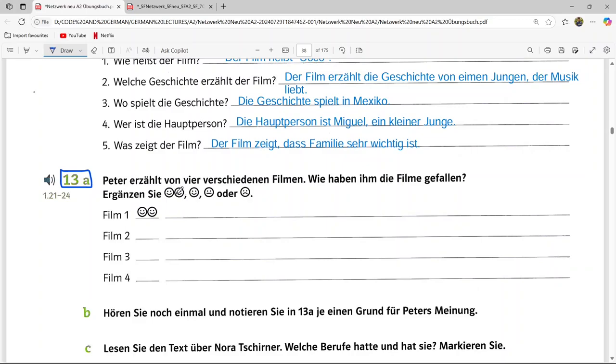So if he likes it most, 2 smileys, likes okay, then 1 smiley, in the middle of okay and not okay, this emoji, and if it is not okay, then this emoji. So let us hear and try to give the emojis. So about the first film, let us hear.